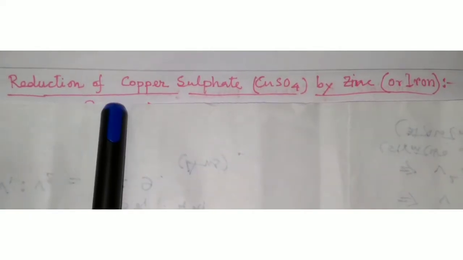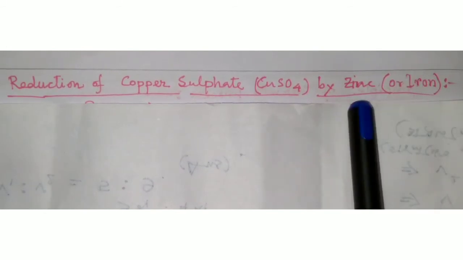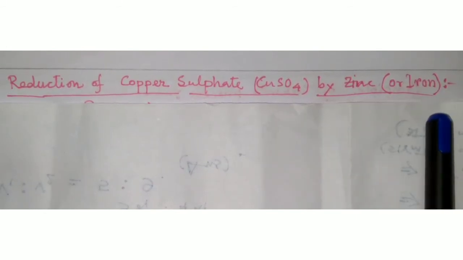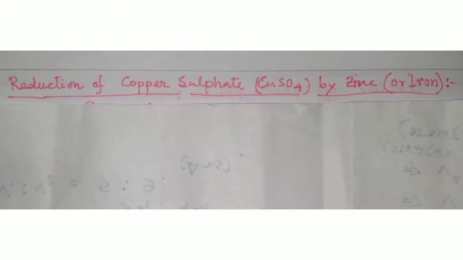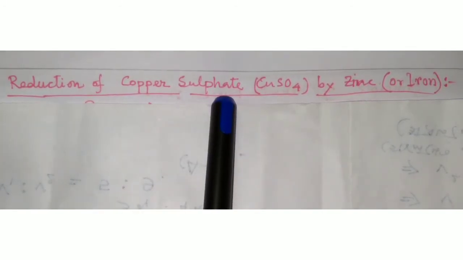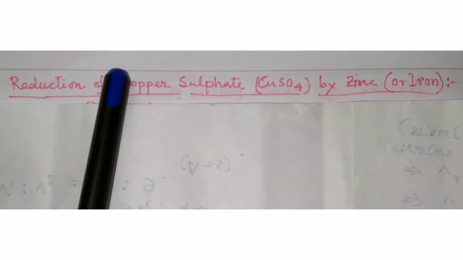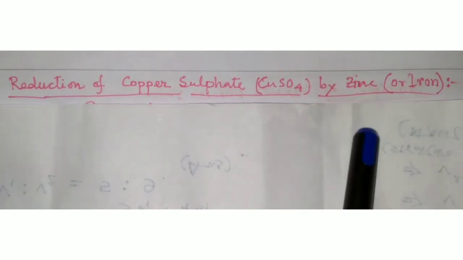Discuss about the reduction of copper sulfate by zinc or iron. When zinc or iron metal is added to blue colored copper sulfate solution, zinc displaces copper from its salt, or iron displaces copper from this copper sulfate to produce either zinc sulfate or FeSO4, that is ferrous sulfate, and red copper is precipitated.